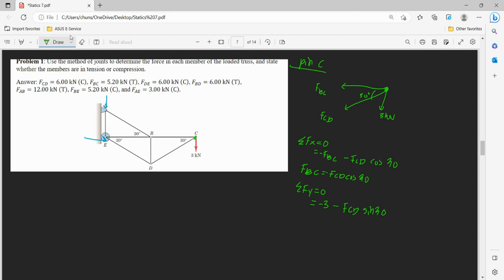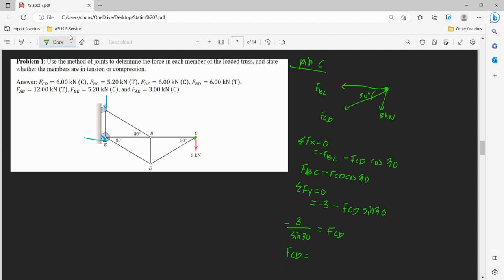And FCD is going to equal, so this is 3, move that over, and sine 30. We move that negative over, so FCD is equal to 3 over sine 30.